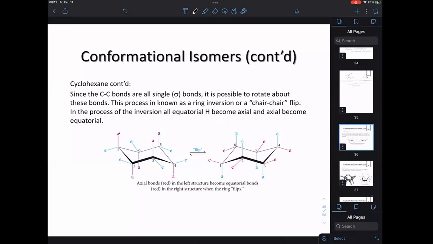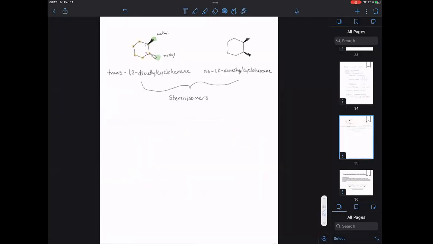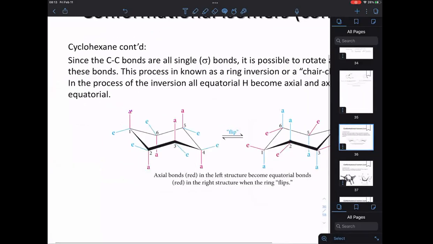Okay, so again, if we take this kind of image, let's see if we can copy this. No, okay. All right, so we have this idea of our trans structure.